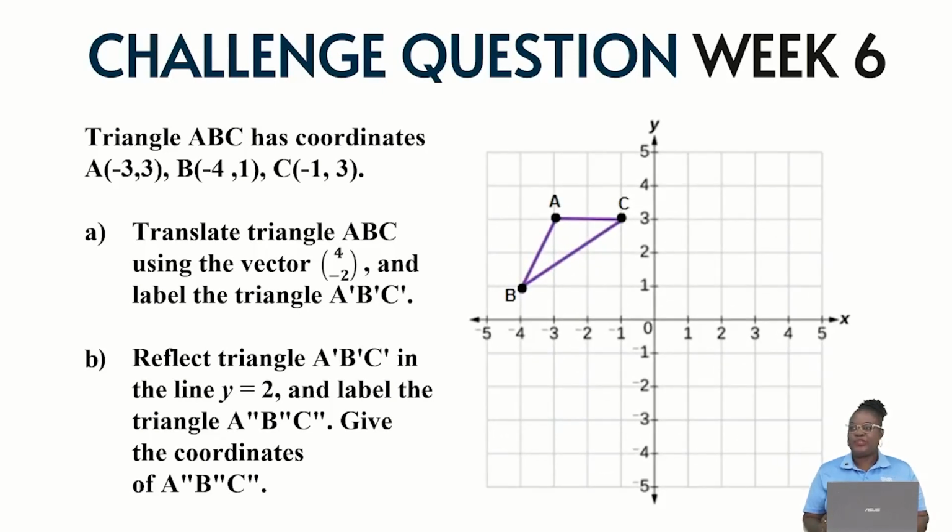So let's translate our triangle. We'll first move coordinate A 4 spaces to the right on the x-axis and 2 spaces down on the y-axis. Coordinate C, 4 spaces to the right on the x-axis and 2 spaces down on the y-axis.